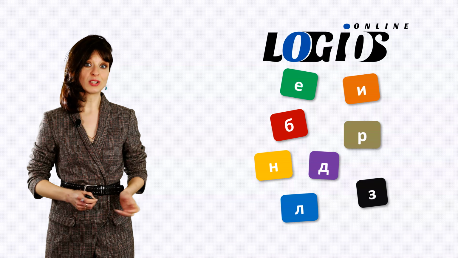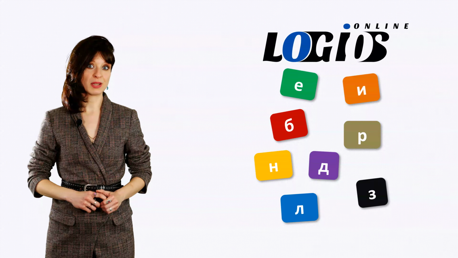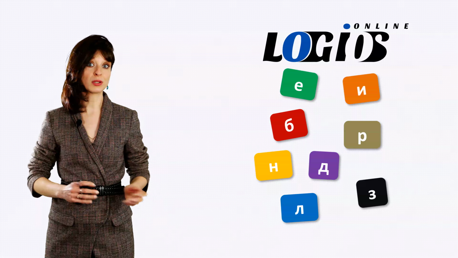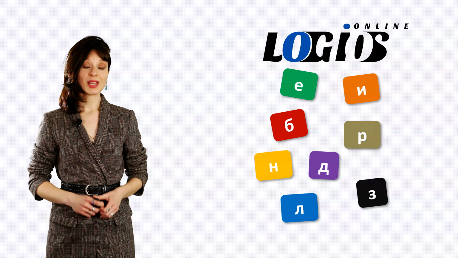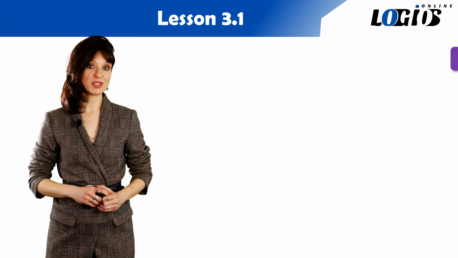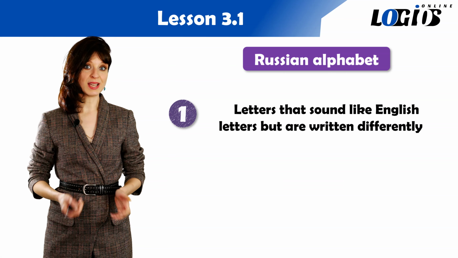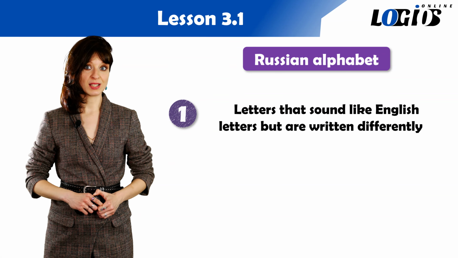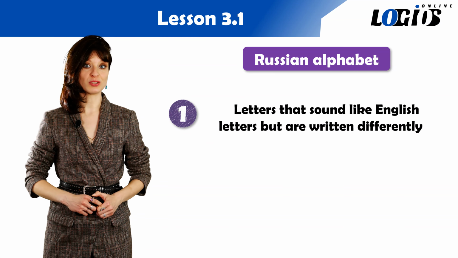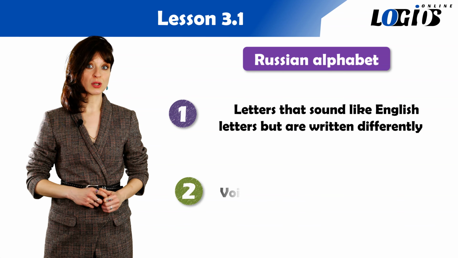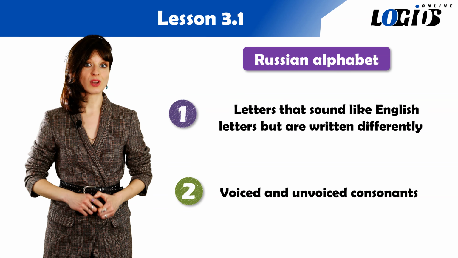These letters don't look like their English counterparts, but they represent sounds you're familiar with. And in today's lesson, we will continue to learn letters that represent a sound that exists in English but is written differently in Russian. We'll also talk about voiced and unvoiced consonants.